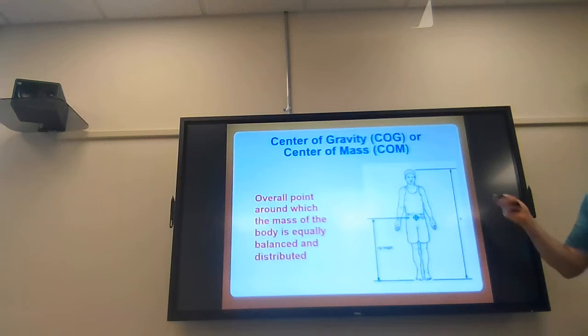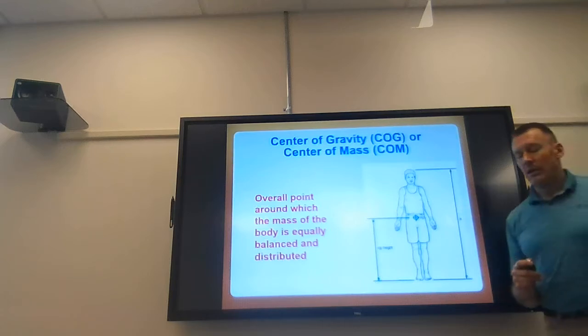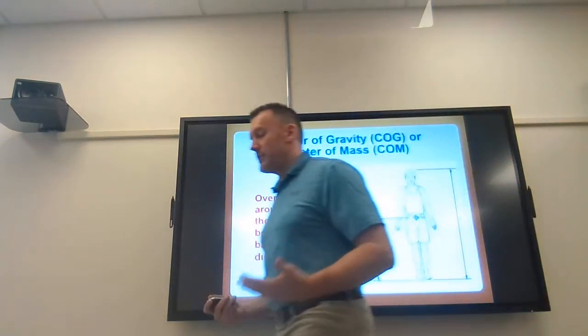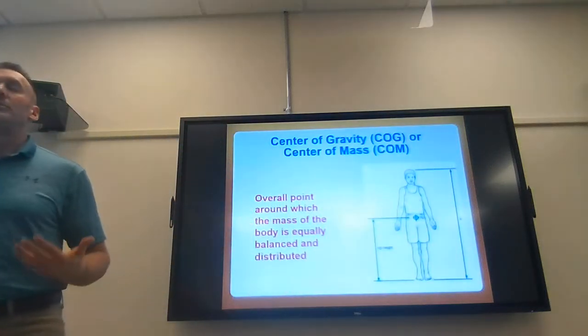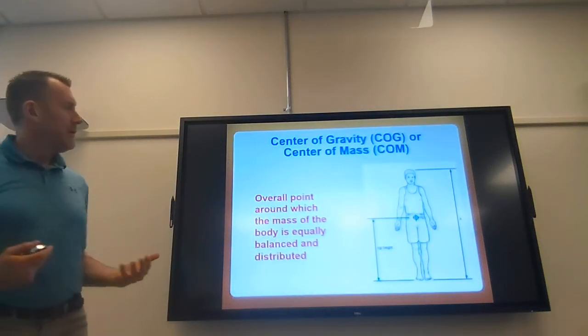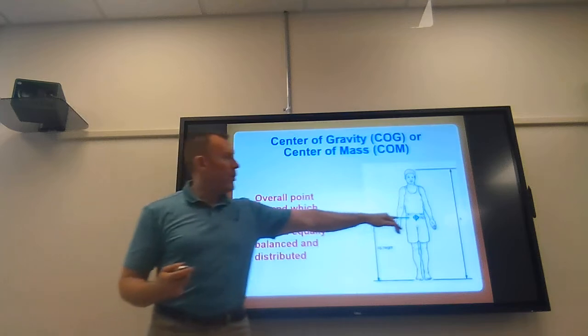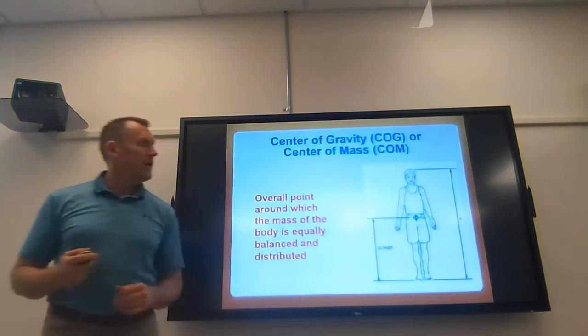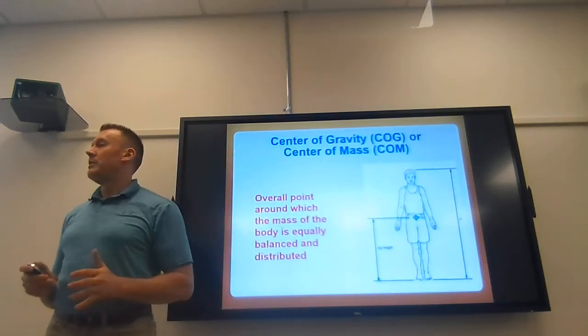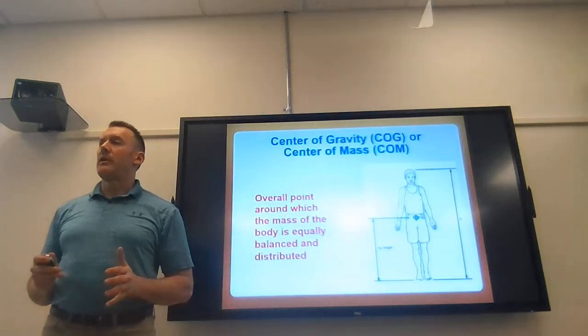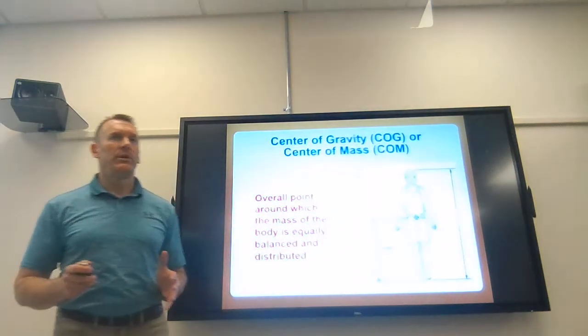Here we go. So center of gravity or center of mass. These terms, for our purposes, can be used interchangeably. So it's the overall point around which the mass of the body is equally balanced and distributed.